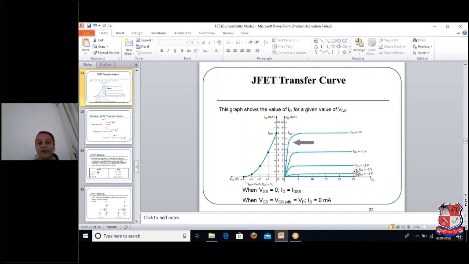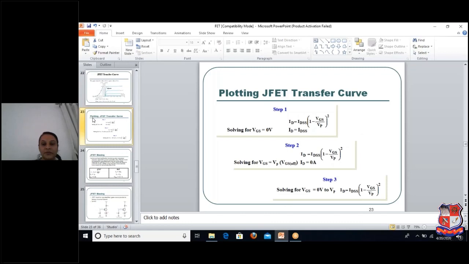The combination of the drain and transfer characteristics is known as the JFET transfer curve. Understand up to here? Any doubt?